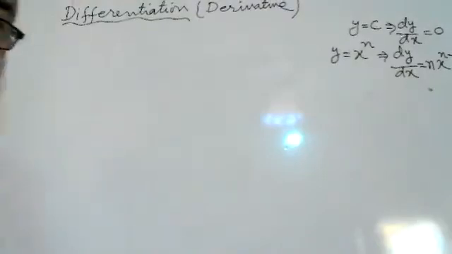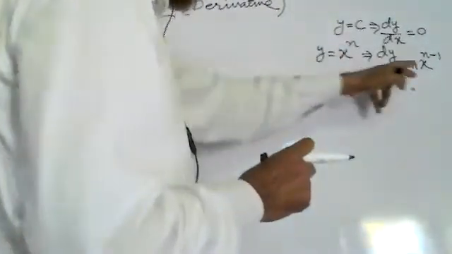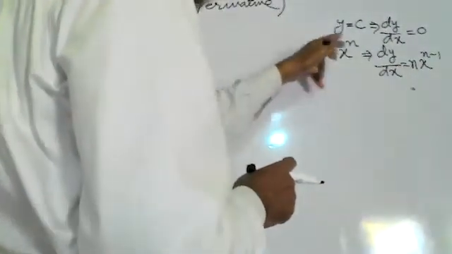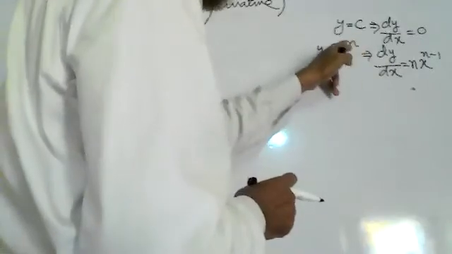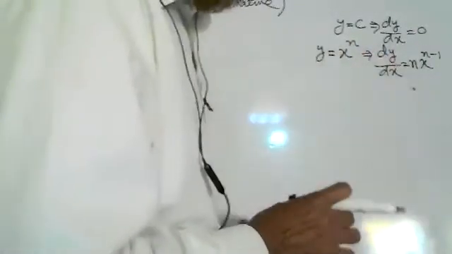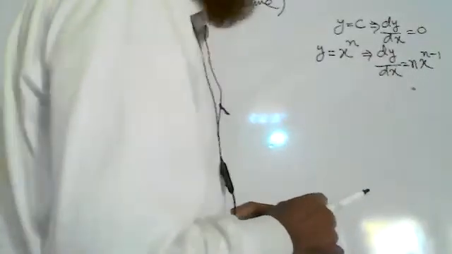The power of x will come down. n will come over there with x, and one power will be less. We will lessen the power of x by one.